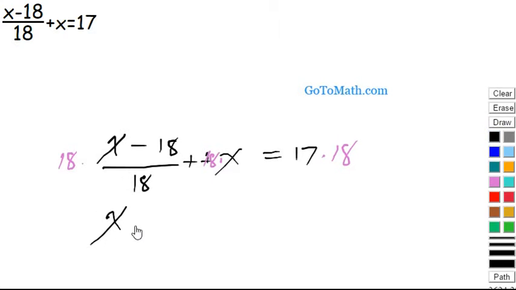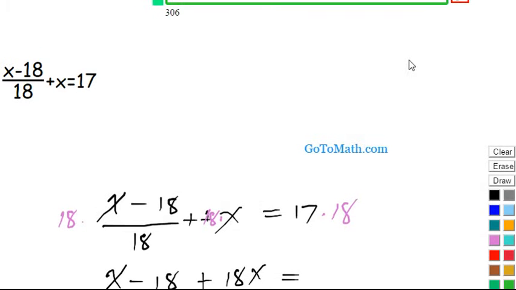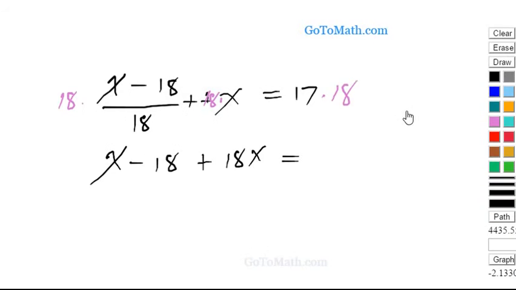And we're left with x minus 18 plus 18x is equal to 17 times 18, which would be a good idea right now to find out what 17 times 18 actually is. 306. I'll let you do that by hand.